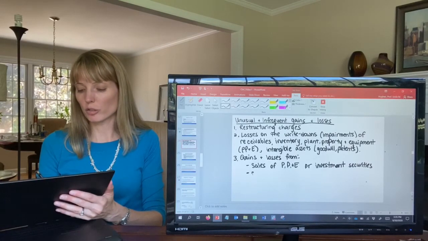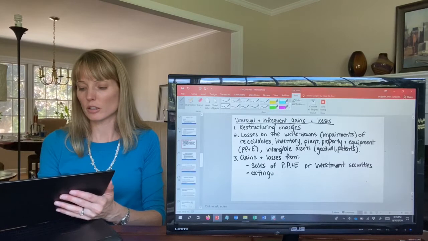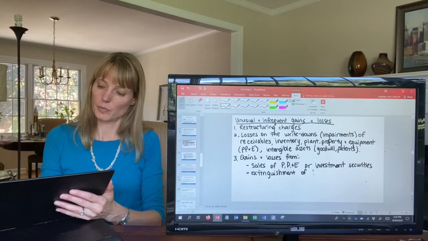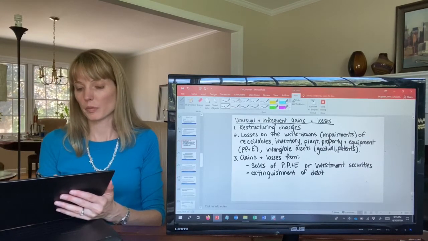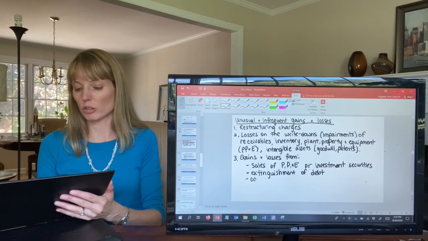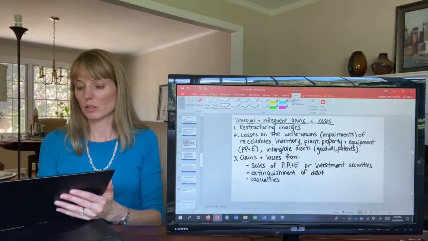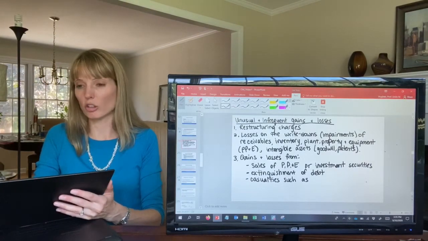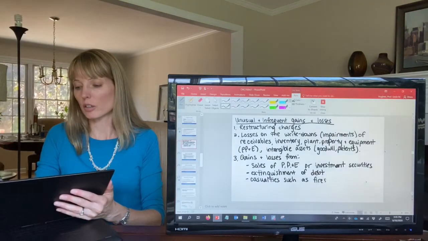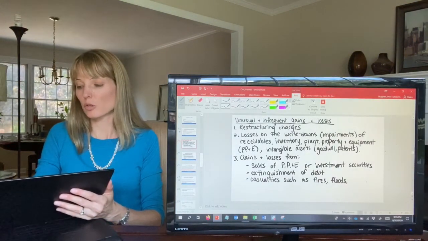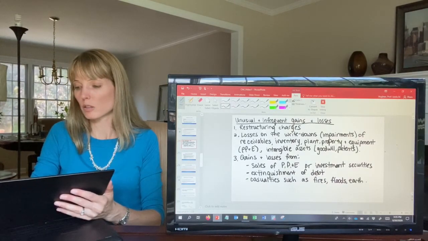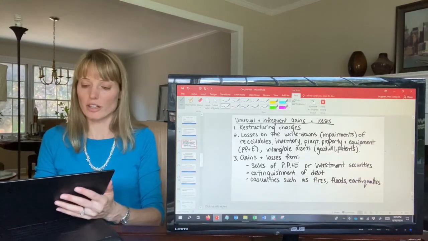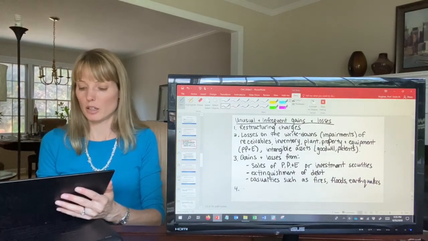Gains and losses can result from what's called the extinguishment of debt, early repayment of debt. And gains and losses can result from casualties, such as primarily acts of God or acts of nature: fires, floods, earthquakes, major storm damages, and other catastrophic events that could have a major impact on a company.